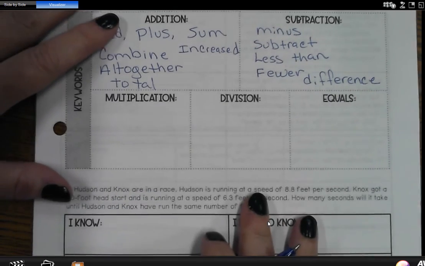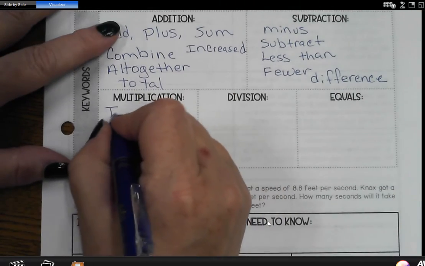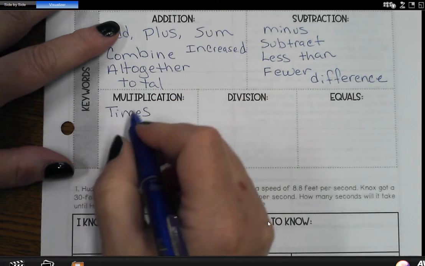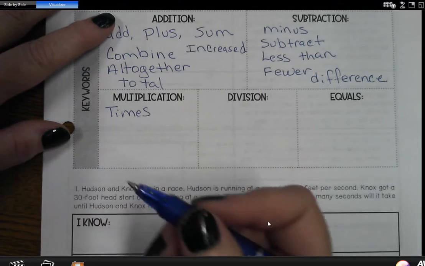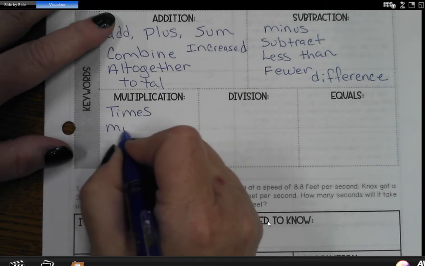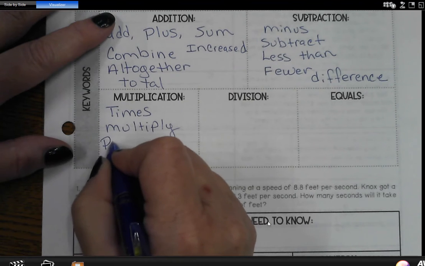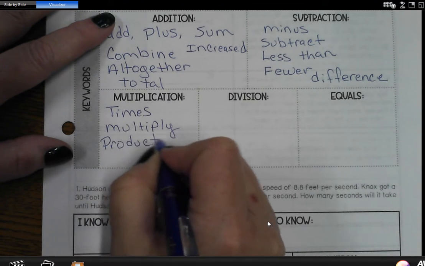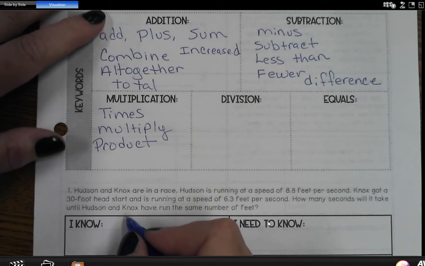All right, what about multiplication? Times. By, it depends on the context of it. Multiply. Product. What about division?